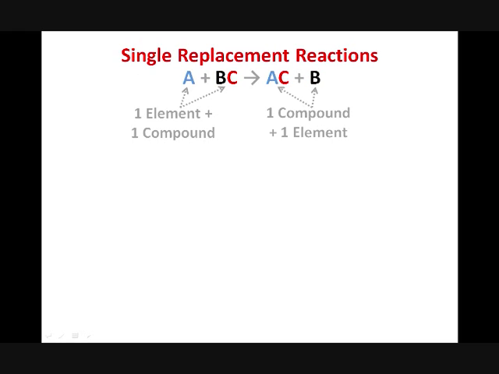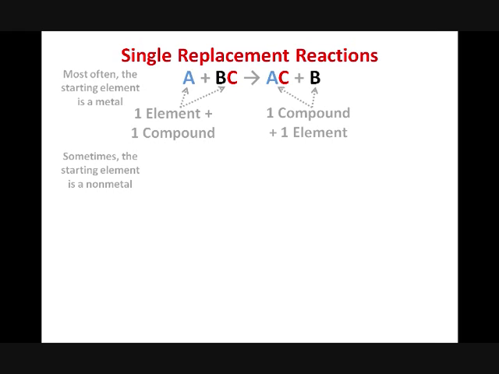So let's try to pull all of this information together. Single replacement reactions follow the same general pattern of an element and a compound switching around to form a new element and a new compound. Most of the time, the starting element on the reactant side is a metal. That means that the metals are going to fight over the nonmetal, and they're just going to switch places.